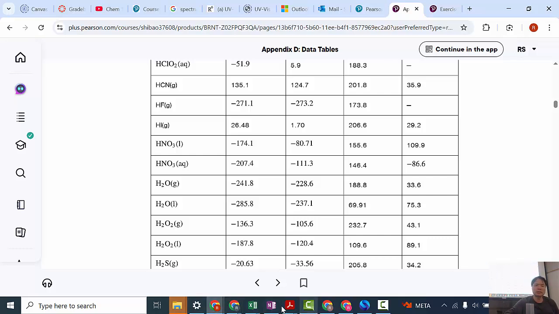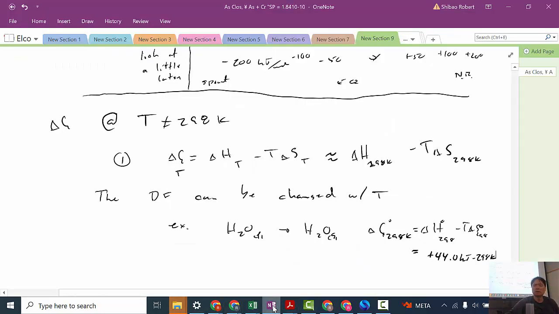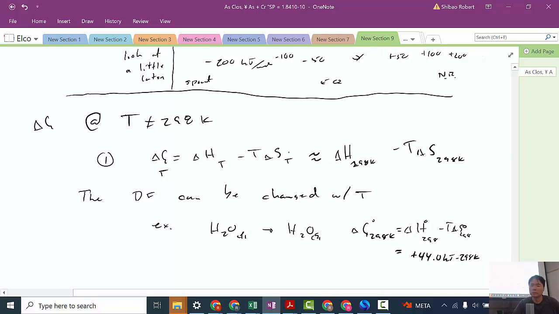That's 1 extra digit than I'm allowed. Okay, so this is going to be 298 times 118.89 joules per Kelvin.